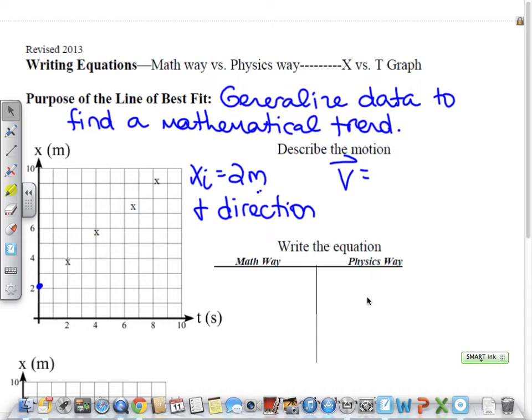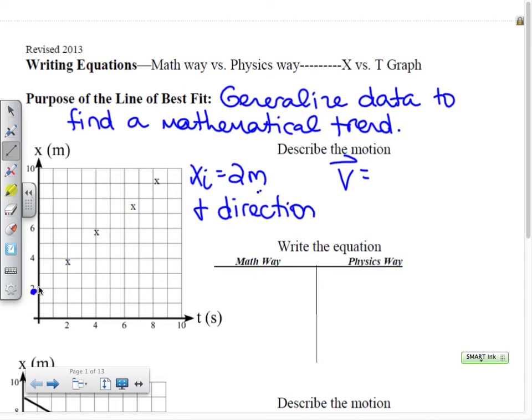So let me get my tool out to draw my line in, and I'm going to do my very best, starting it right about 2. Okay, for some reason my tools are not working, so I'm just going to free draw my line of best fit. That's about as straight a line as I can get. Ideally, you're using a ruler to do this.